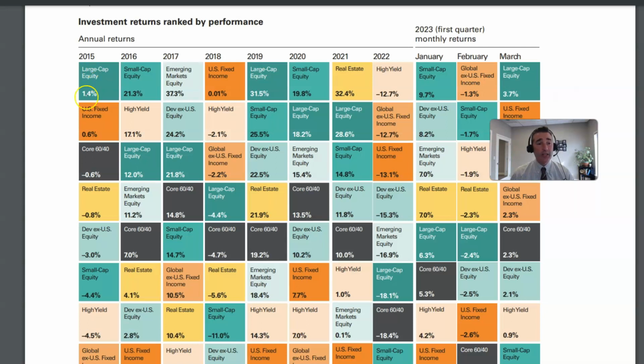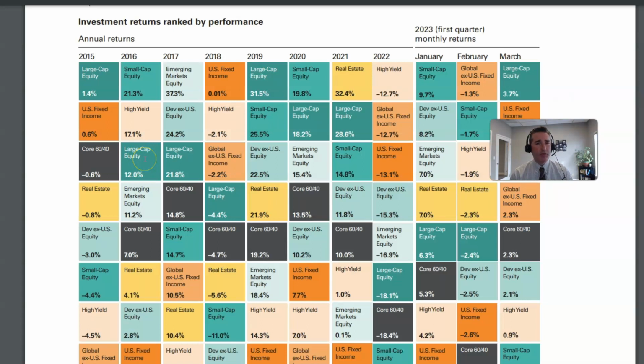So you can see in a year like 2015, you may have been selling some of your large cap equity because that was a better performing asset class. You would have strategically been buying more of the positions that had done poorly, something like small cap equity. And then as a result, 2016 comes along and you can see now small cap equity is one of your better performing asset classes. And large cap still did well that year, just not quite as well as small cap.